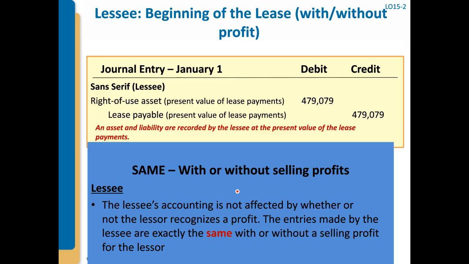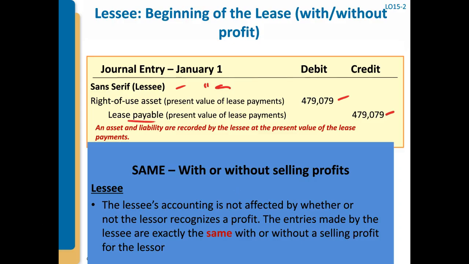Before we get into that, we're not going to go through the journal entries for the lessee side because those don't change. On January 1st, the lessee would debit the right of use asset for the present value of lease payments, $479,000, and credit lease payable for that same amount.